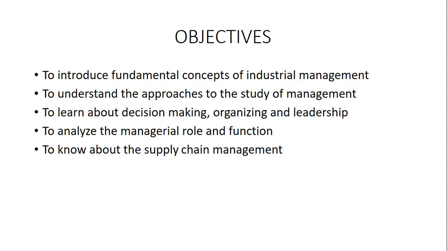The primary objective of industrial management is to know about the basic functions of the management system within a working organization, following various approaches to study management tactics and learning about decision making capability, organizing the team, and leadership quality. Next, analyzing various types of managerial roles and functions.